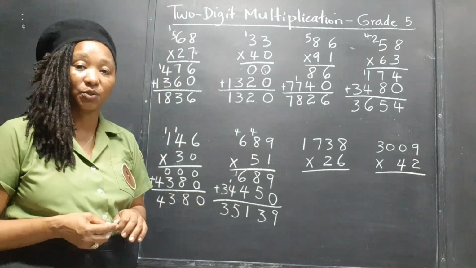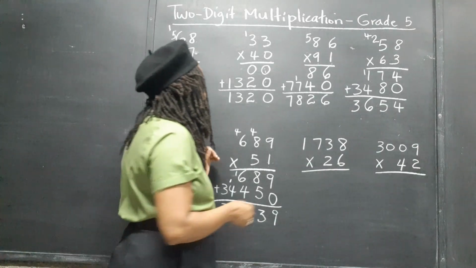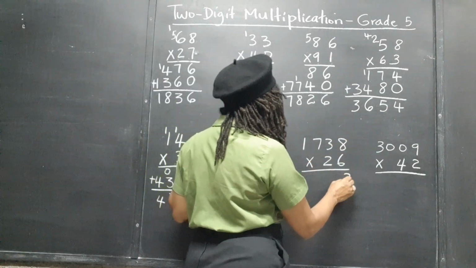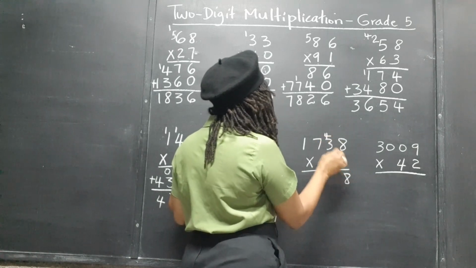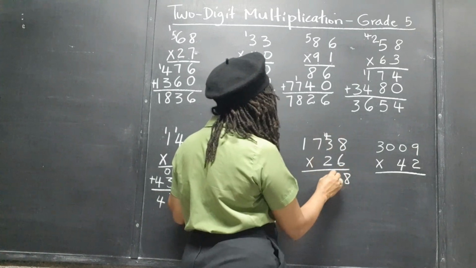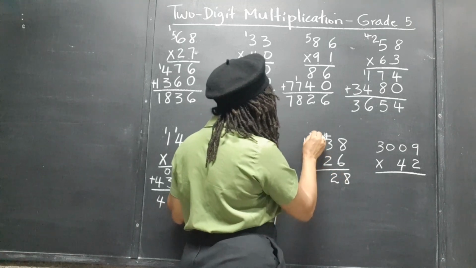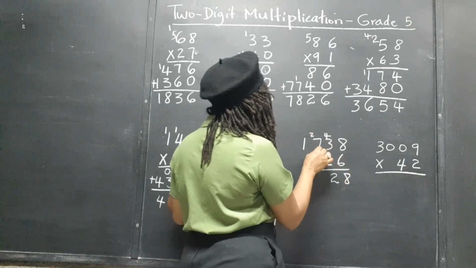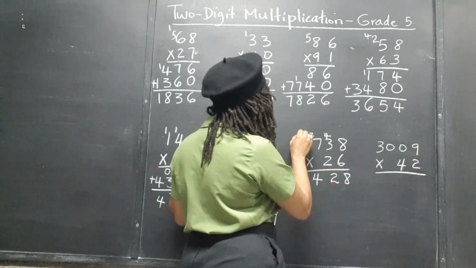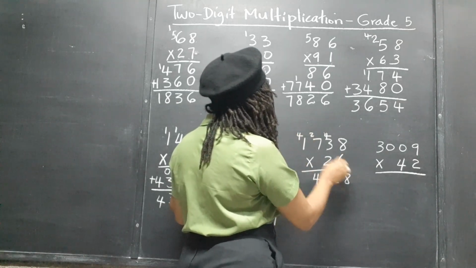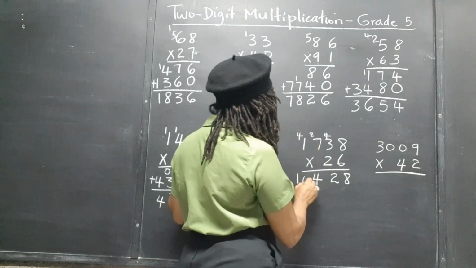1,738 times 26. So 6 8s are 48. That's 8, carry 4. 6 3s are 18 and 4, 22. That's 2, carry 2. 6 7s are 42 plus 2, 44. 4, carry 4. And 6 1s are 6 and 4, 10.